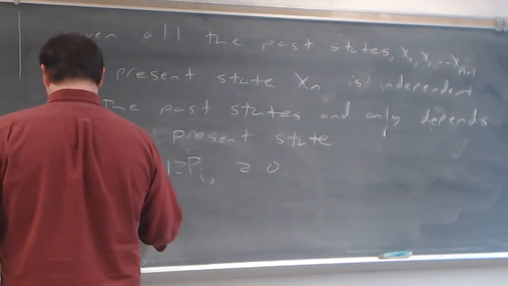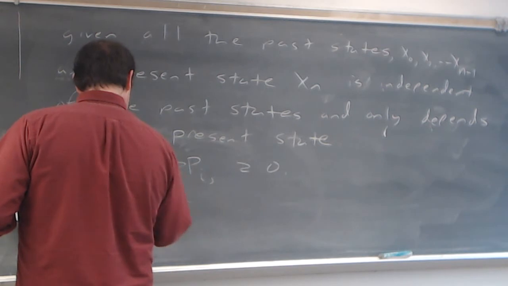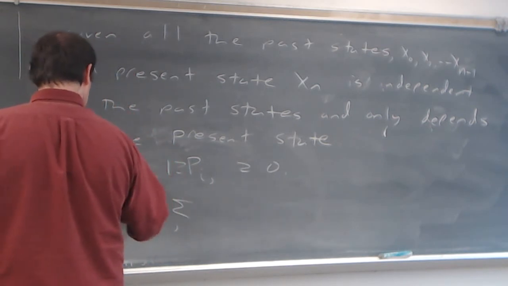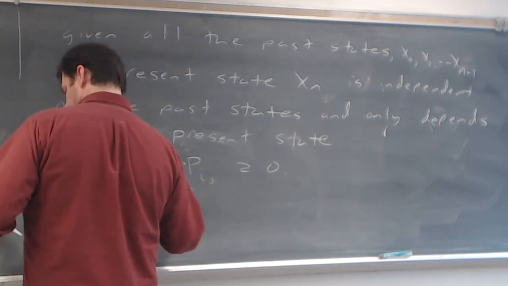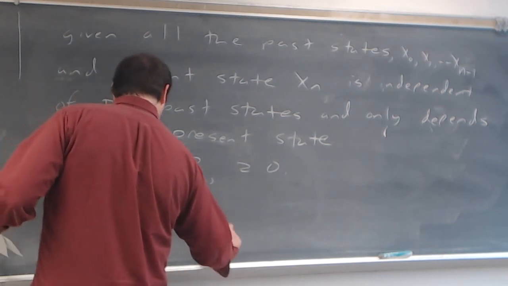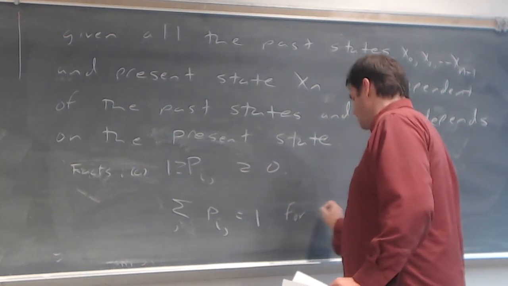And then, another fact, part A, is that the sum, as j runs over whatever it runs over, of p sub ij has to be equal to 1 for fixed i.